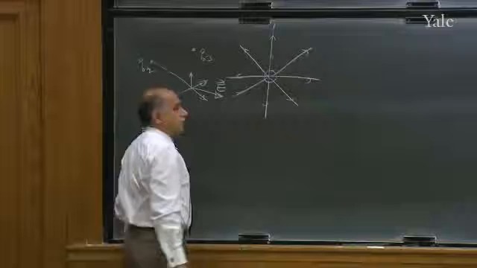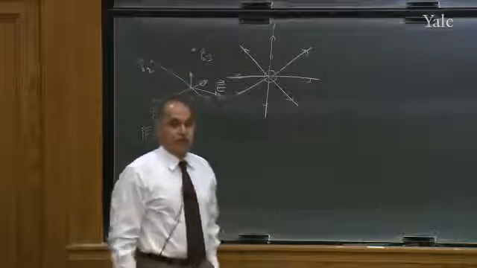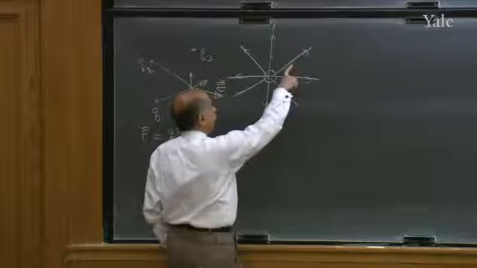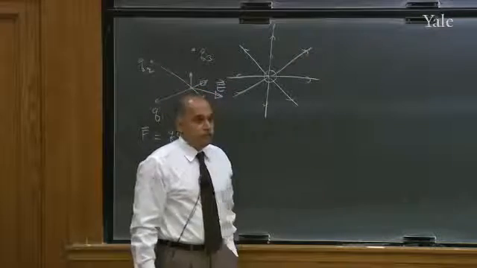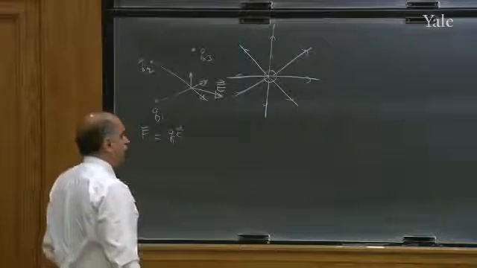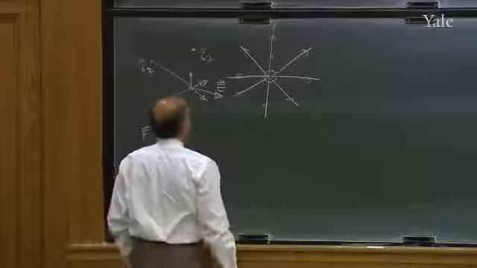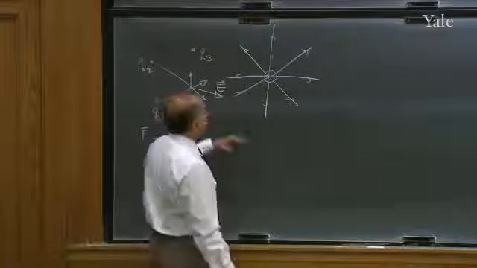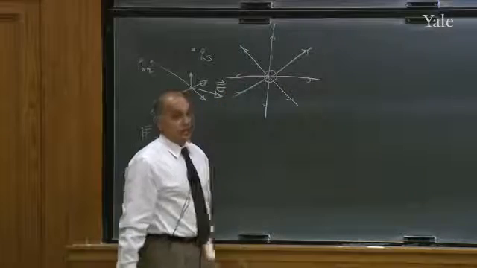The lines give you one piece of information which is very obvious, namely, if you're here, the force is along that line. But I also pointed out to you, you get more than just the direction of the force. You also can understand the strength of the force. The strength of the force is contained in the density of these lines.